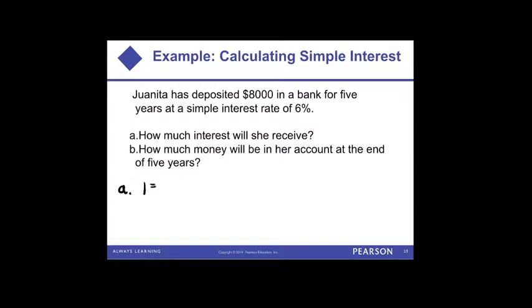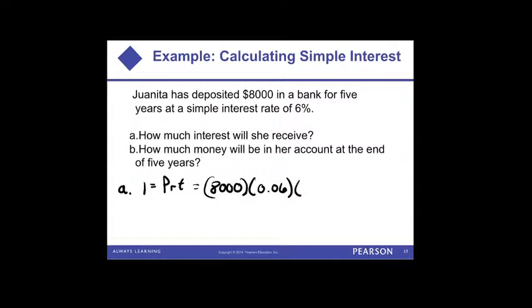So her principal was 8,000. That's what she started with. The rate is 6%, and we have to express the percent as a decimal, so 6% as a decimal is 0.06. It says 5 years, so the time is 5 years. Time is generally in years when we're doing these compound interest formulas.